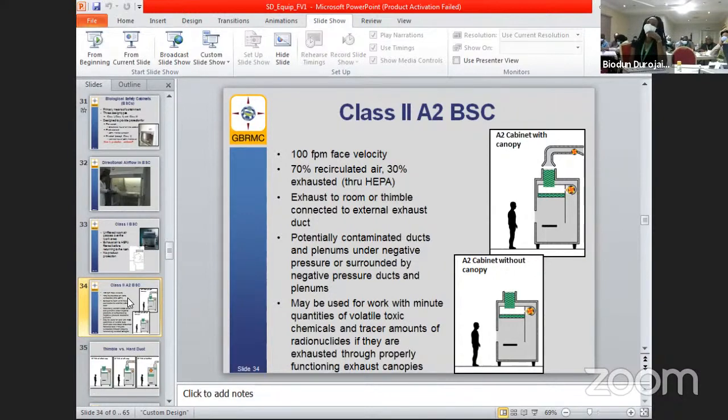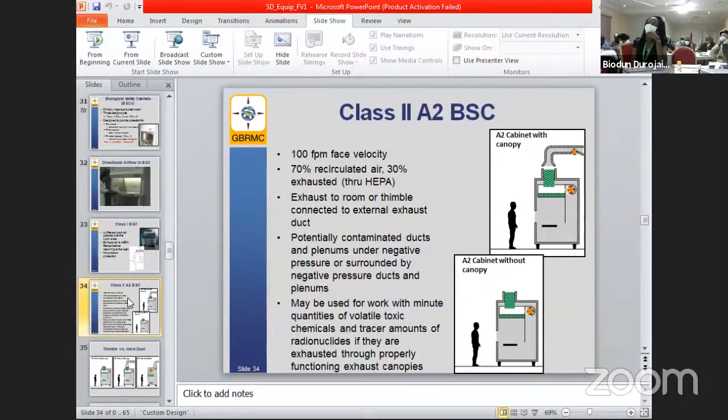If you look at the first picture now, the A2 cabinet with canopy, you can see the canopy. There is an exhaust that is going out, but it is not connected.